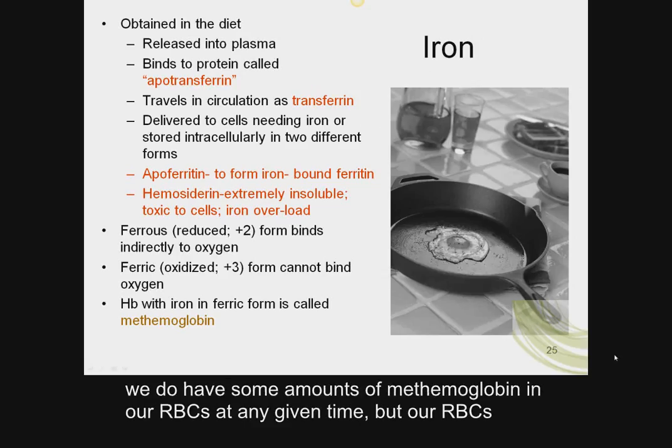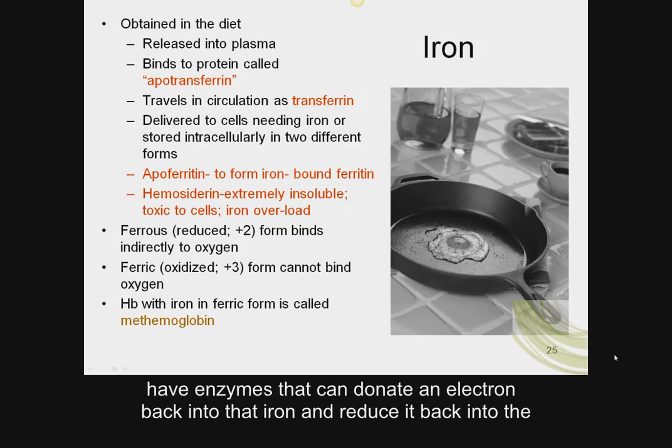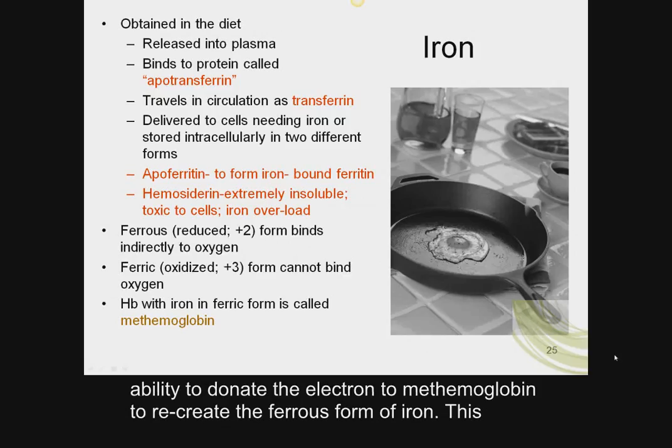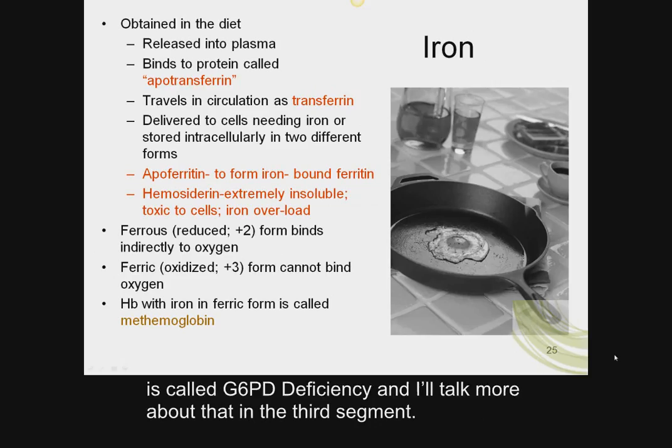So we all have methemoglobin in our red blood cells at any given time, but our red blood cells are equipped with enzymes that can give an electron back to that iron and reduce it back into the ferrous form. I'm going to tell you about a specific type of anemia where someone lacks this ability to reduce iron, and this deficiency is called G6PD deficiency, and you'll learn more about that in a future segment.